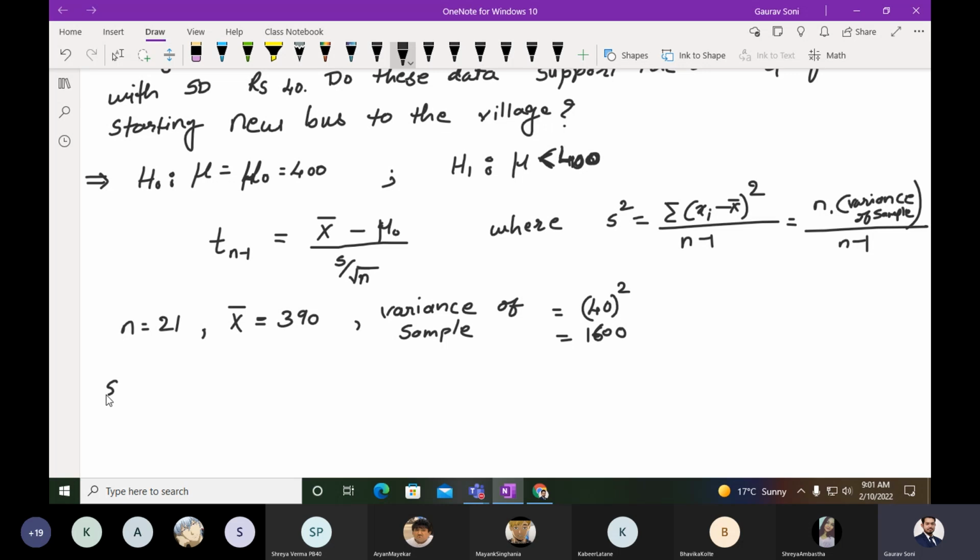So the value of s square is 21 into 1600 divided by n minus 1, which is 20. The value is 40.98.